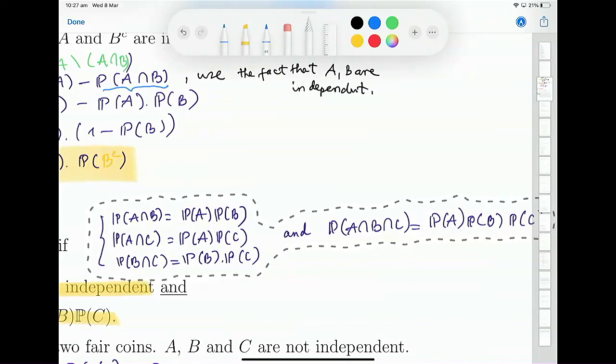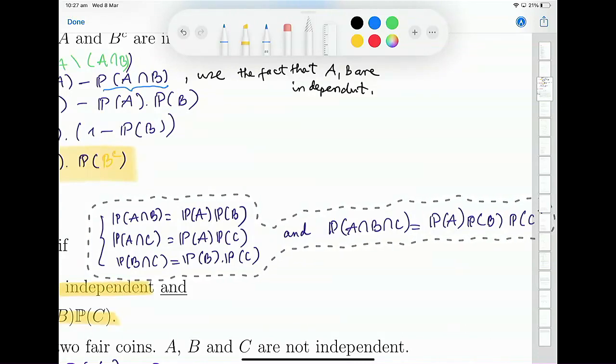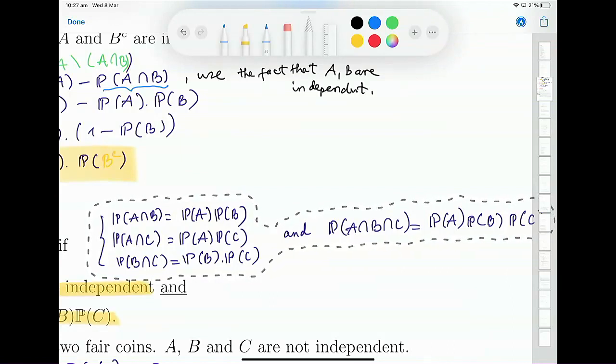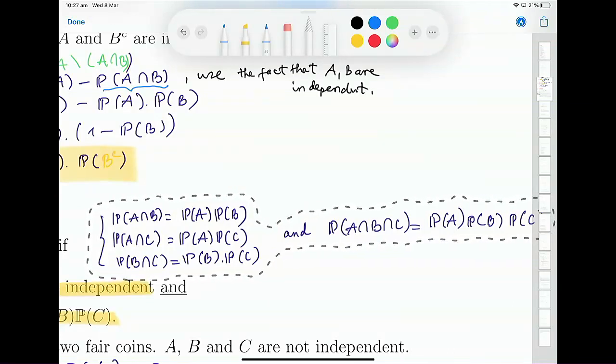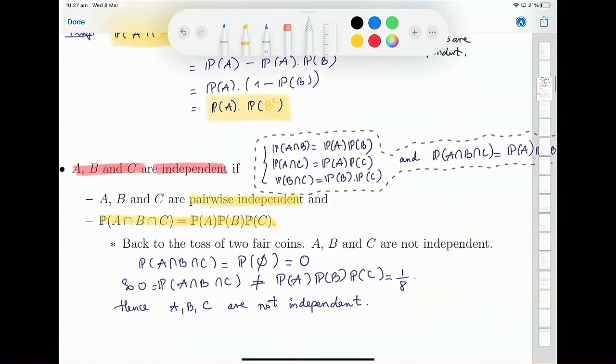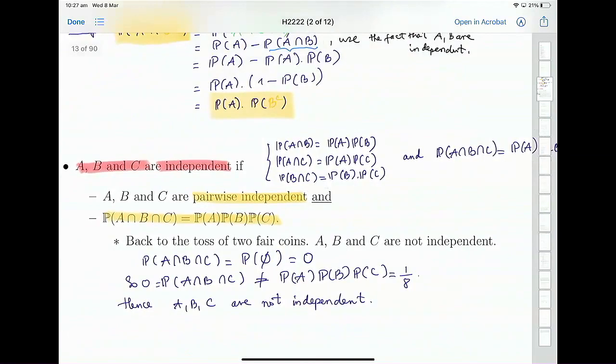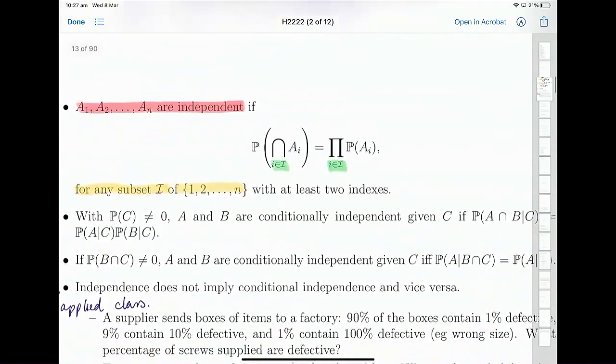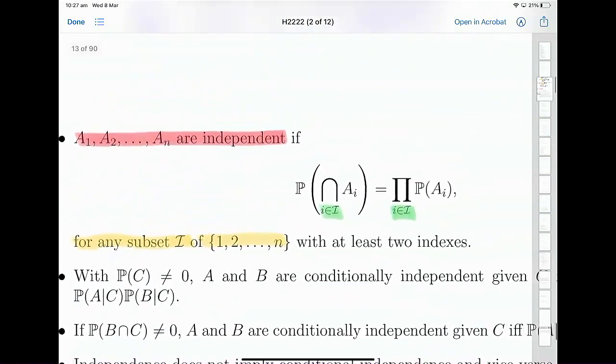Or any you pick 2, 3, up to n-1. They all need to be independent, and then you need to satisfy the last equality, that the probability of the intersection of all n events equals the product of each one. So this is the definition of the general case.